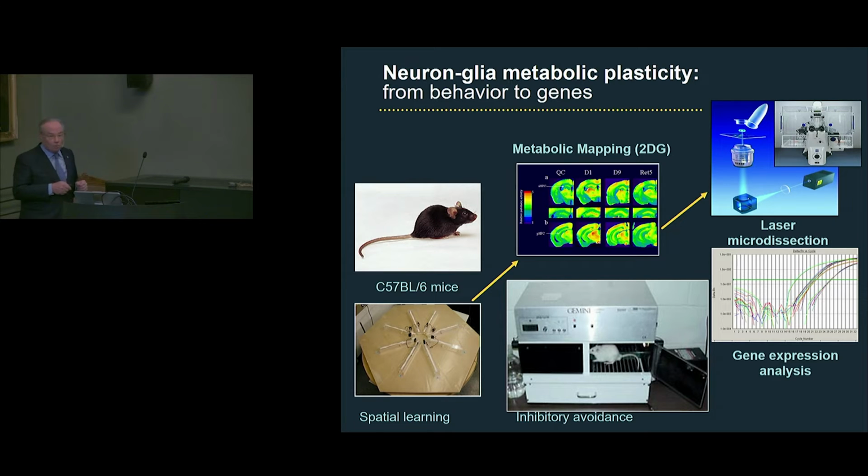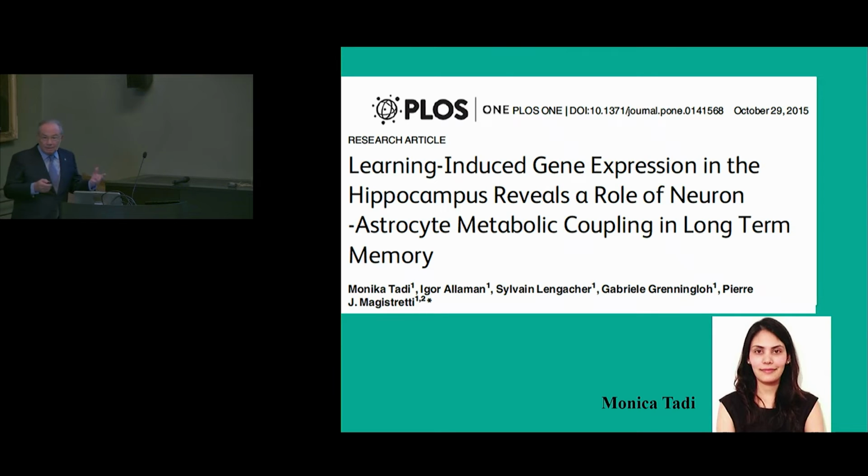I'll tell you a bit more in a moment. Then mapped the 2-deoxyglucose before and after learning. So that gave us an indication of which areas are mobilized during this type of learning. And then we laser microdissected these areas and looked at expression of genes in this microdissected area where glucose consumption is increased after learning.